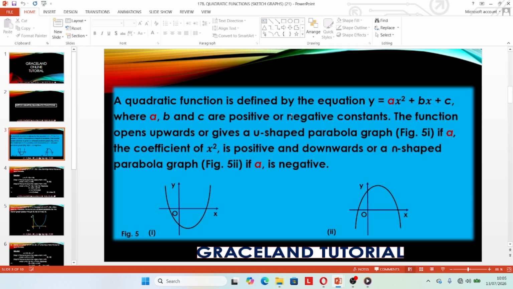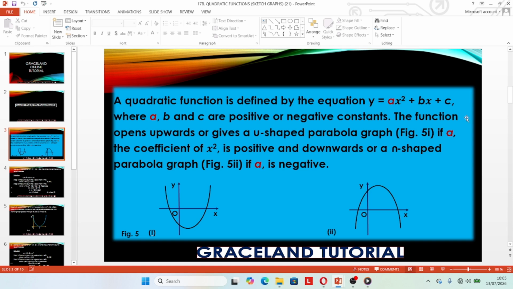In mathematics, a quadratic function is defined by the equation y is equal to ax squared plus bx plus c, where a, b, or c could be positive or negative.